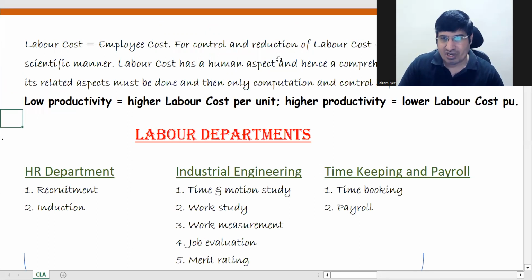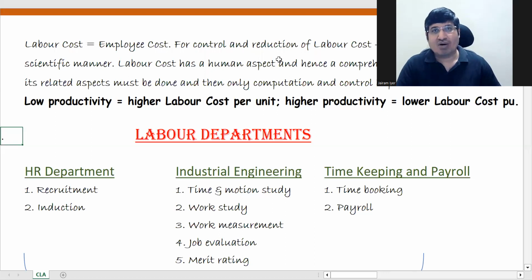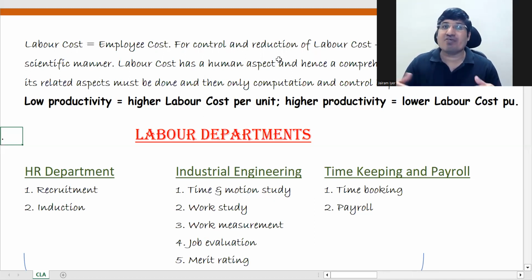Okay. So now, next thing is we'll talk about the departments that do work related to labor accounting. It's not just finding out how much the labor cost is, not just recording it, but also working on things which will reduce it or working on better ways of doing it.